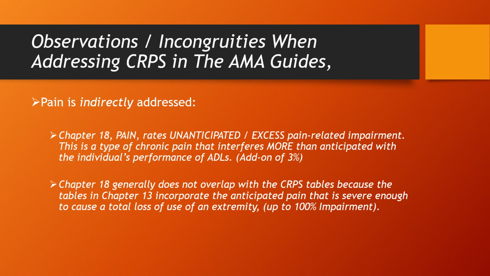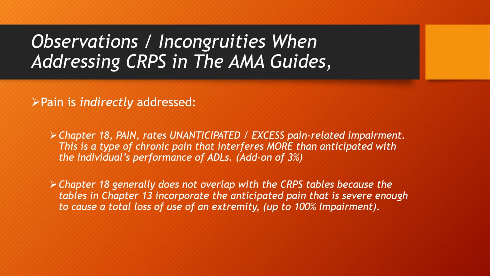This also impresses upon you the importance of a very thorough activities of daily living discussion to have with these individuals during the examination interview. You don't want to just provide them with a sheet and have them tell you what their problems are. You want to ask them individually about each of those activities, how they are affected and how much they are affected by that.